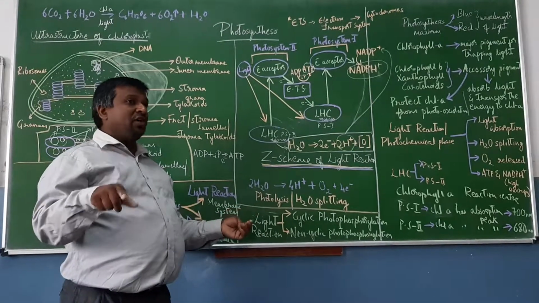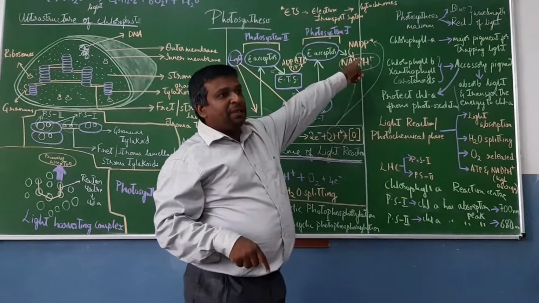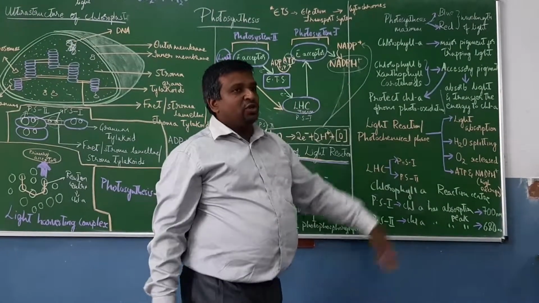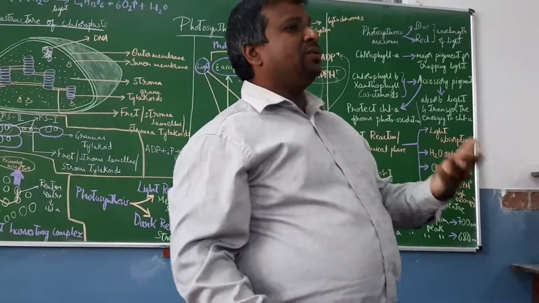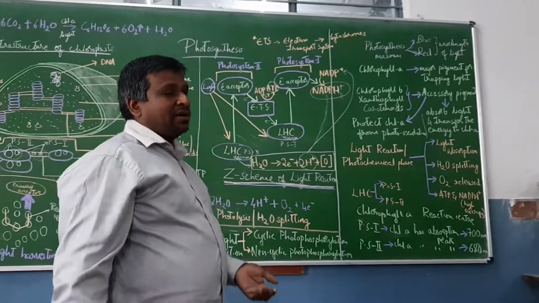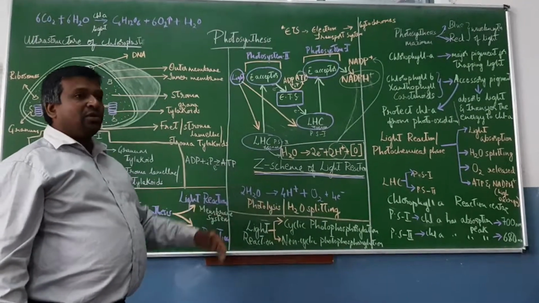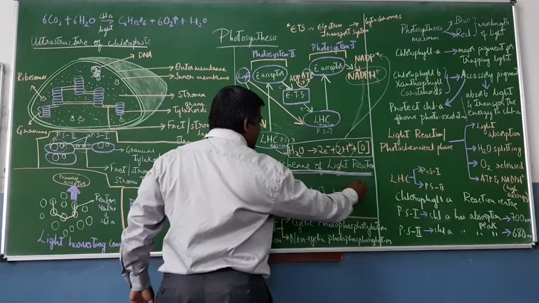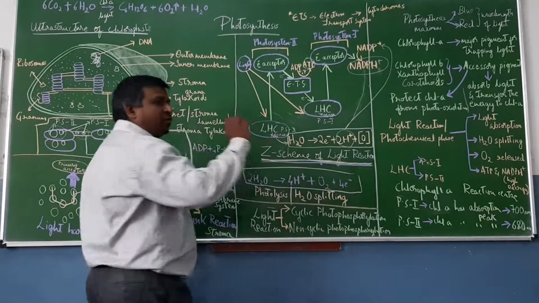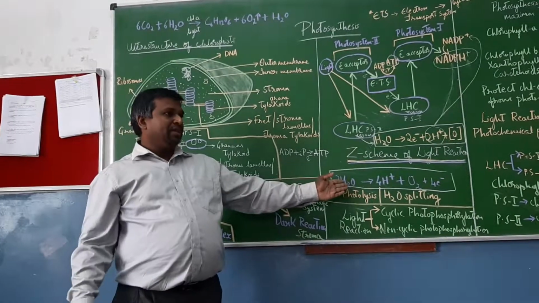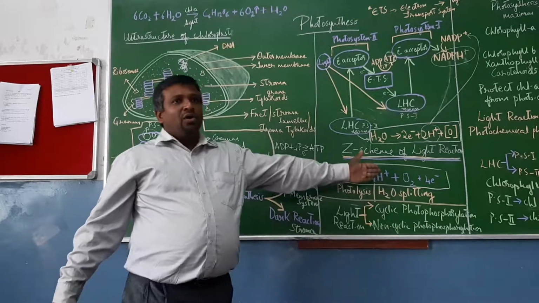That is the source of oxygen as well as the source of hydrogen, which gets added to NADP plus to form NADPH2. 1 NADPH2 is equal to 3 ATPs. From 1 NADPH2 you get 3 ATPs. Okay, we'll discuss that later on. So these are the things that you have to know about. This is a balanced reaction involving 2 water molecules, whereas here I have written it for 1 water molecule. Same step. Here the nascent oxygen is diatomic oxygen.